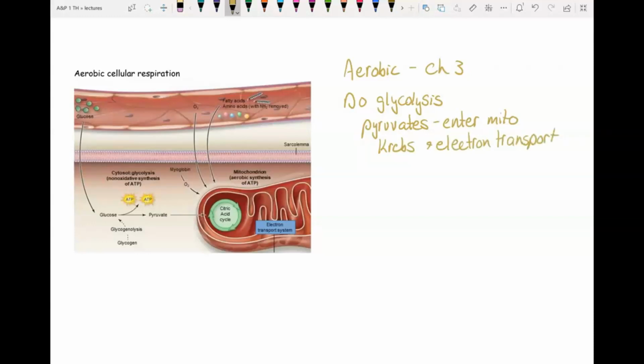Okay, so here you can see you can get glucose from the blood, you can get glucose from glycogen. But you have other options. You also can get fatty acids and amino acids and send those into your mitochondria. So you have more options for your fuel source.